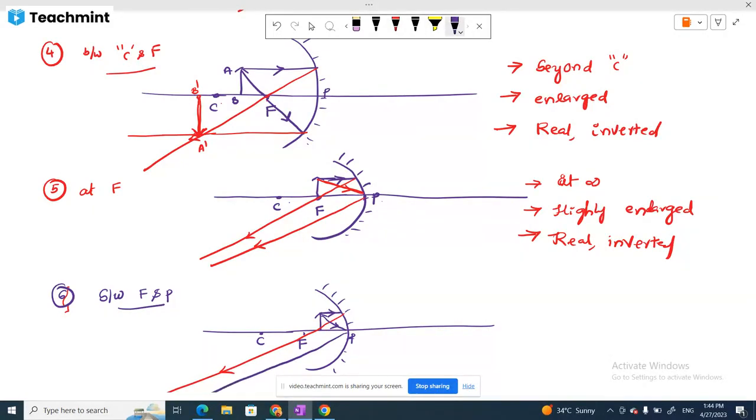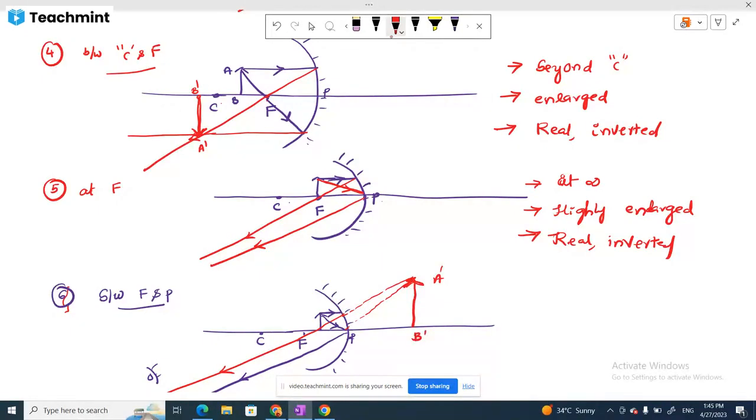If you see from this side, these two rays are coming from this point. So this is the position of the top point. If you draw the perpendicular, the exact image formation is like that. This is A dash and B dash.